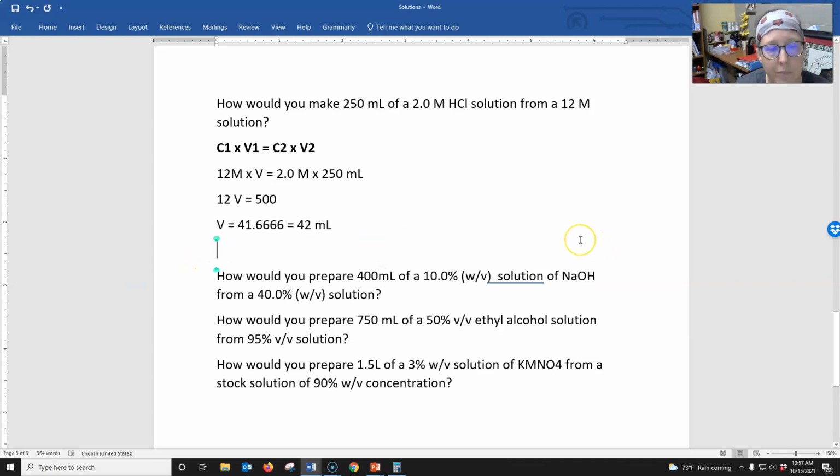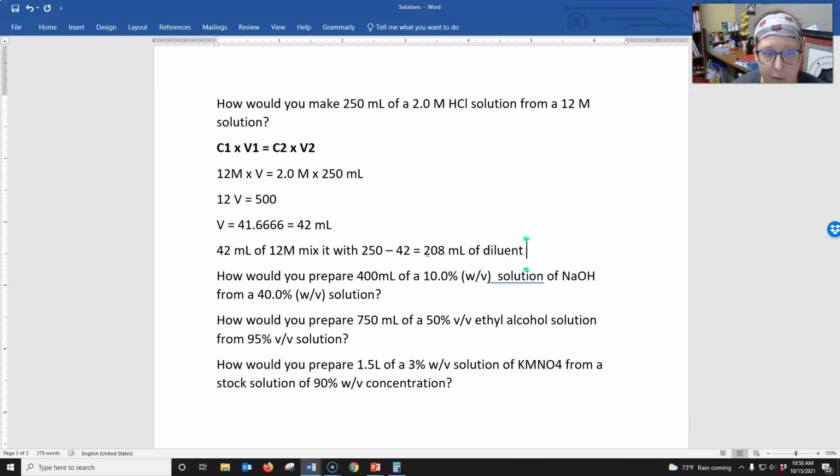And so then how do you prepare? Then you're going to take 42 mils of your 12 molar solution, and you're going to mix it with, and then we need 250 at the end, so it'll be 250 minus 42, which is equal to 208 milliliters of diluent.